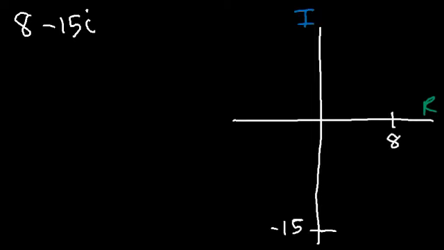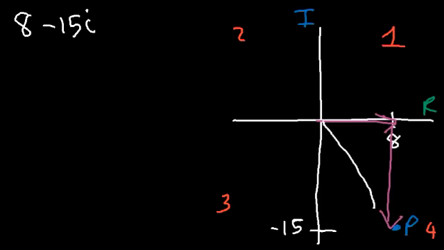So this time we're in quadrant 4. This is quadrant 1, 2, 3, and here's the 4th quadrant. So the point of interest is right here. That's how you plot it, but let's turn it into a triangle. So let's travel 8 units to the right and down 15 units. And let's find the hypotenuse of this triangle.